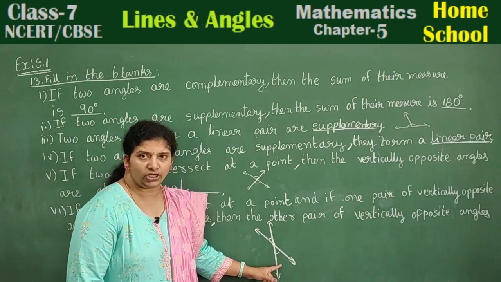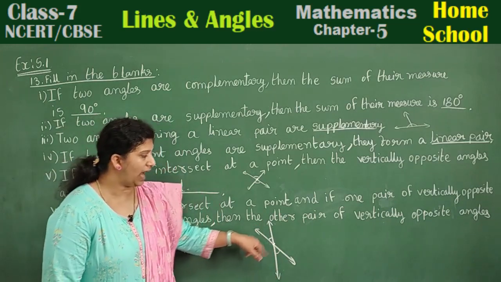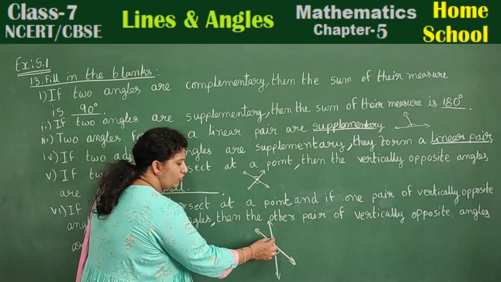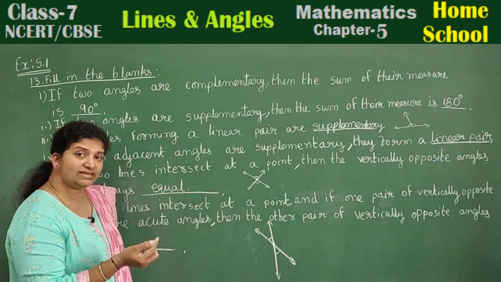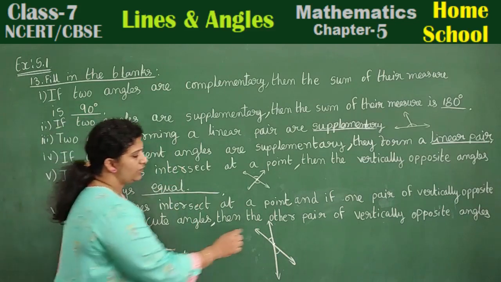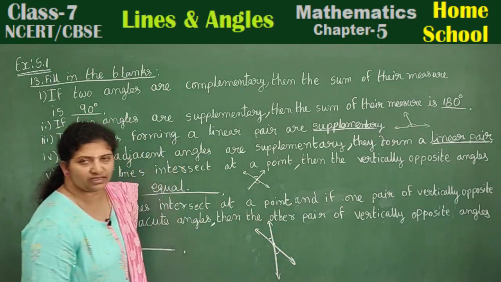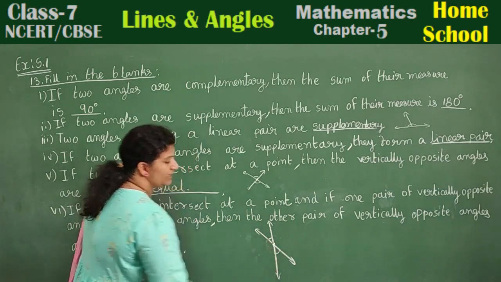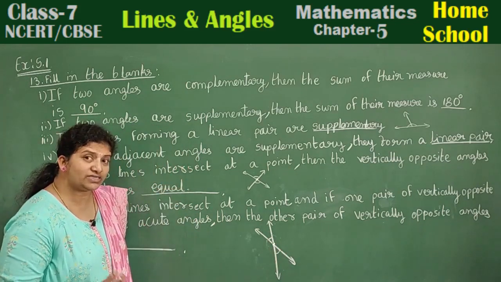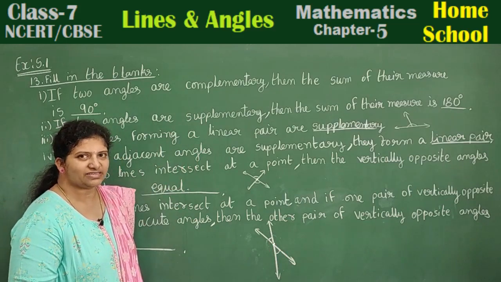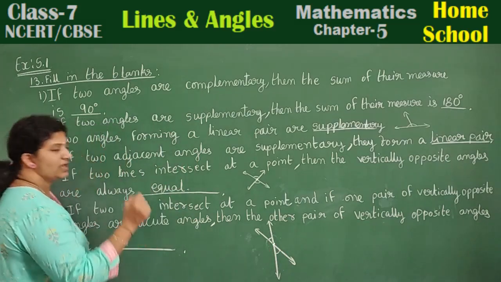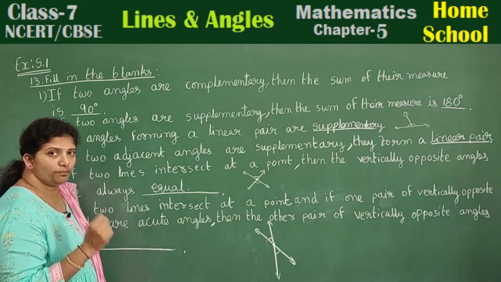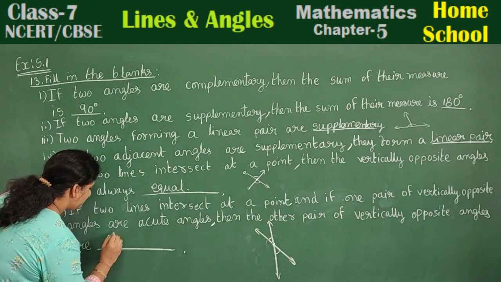If they are acute, then what about the other pair of vertically opposite angles? You can see these vertically opposite angles, children, they are more than 90. If they are more than 90, what is that type of angle? Yes, obtuse angles. If one pair is acute angles, then the other pair will be obtuse angles.